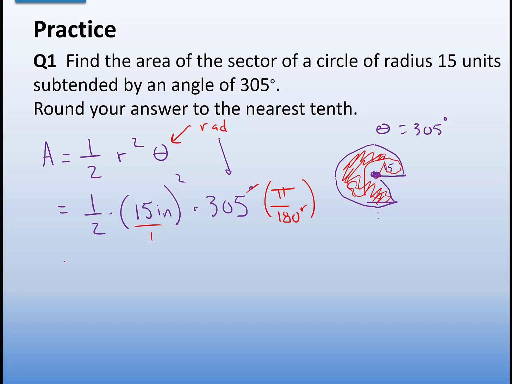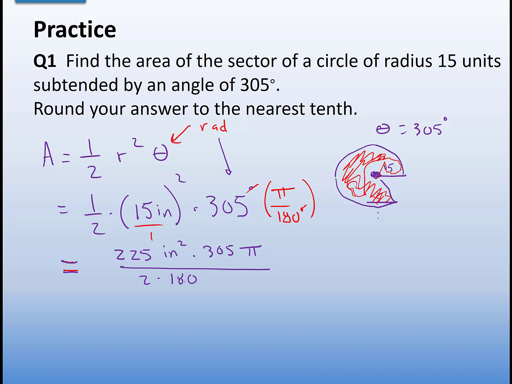And that's going to be 225. Now the units are inches squared. So 15 times 15 is 225, and inches times inches are inches squared. That's how we're going to measure our area. We have to times by 305, and we have to times by pi. And on the bottom, we have to times by 2 times 180.